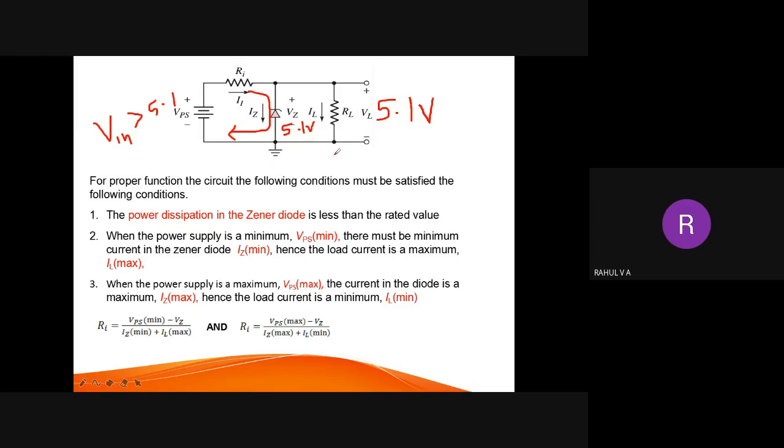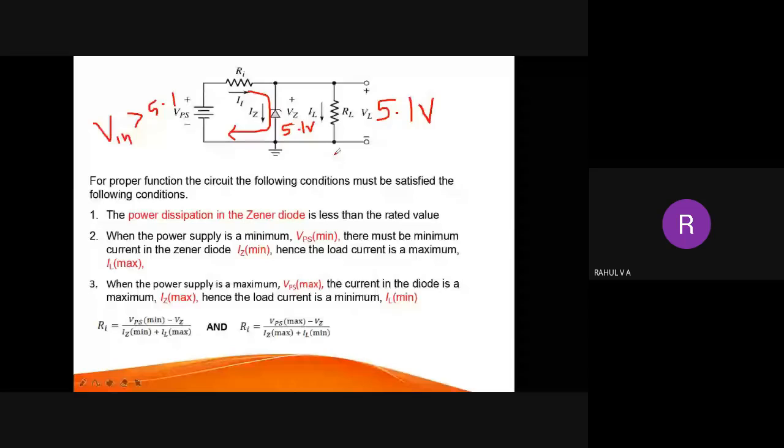So those are the 2 points. The next point is, for a Zener diode to act as a regulator, we always connect it in reverse bias condition.